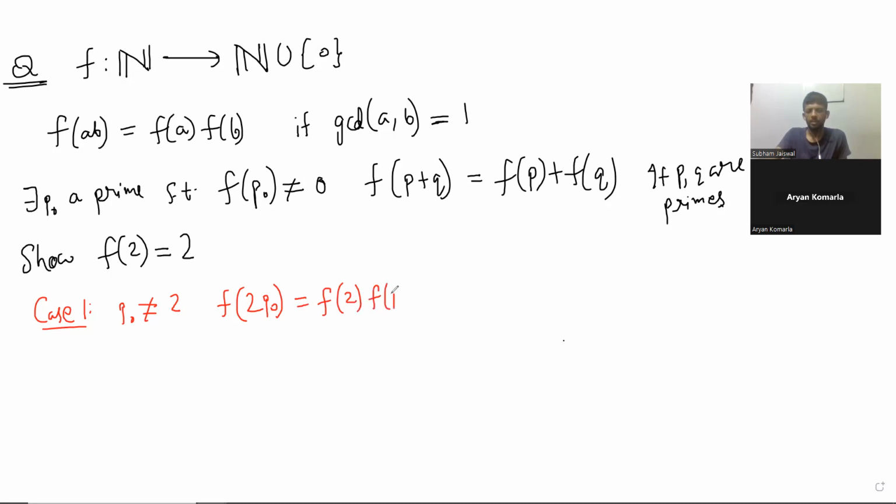And this 2 P naught can also be written as P naught plus P naught, a sum of two primes. So we can say it is 2 f of P naught. And f of P naught is not 0, so we can cancel, and f of 2 is 2.